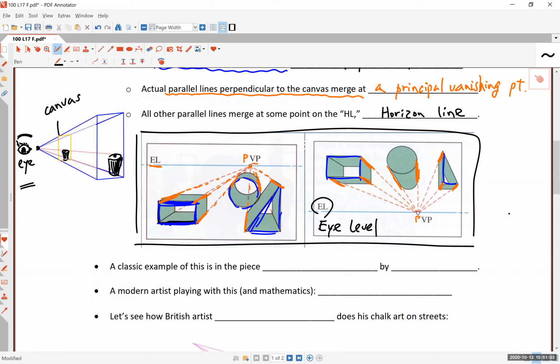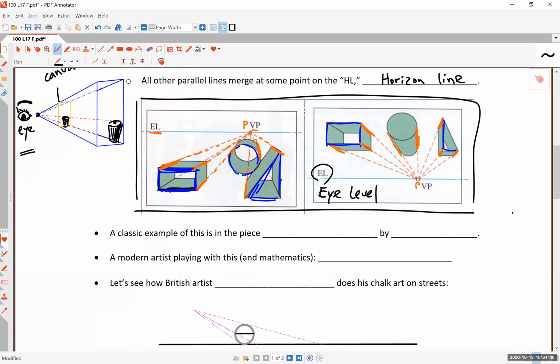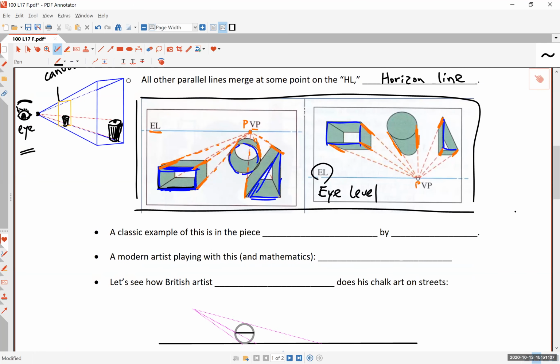A classic example of this, you have a famous piece called the Last Supper. Okay, you are familiar with that. I think the original piece is now somewhere in Italy, probably Milan, right? By Leonardo da Vinci, right? And I'll be mentioning this in just a moment. A modern artist playing with this.